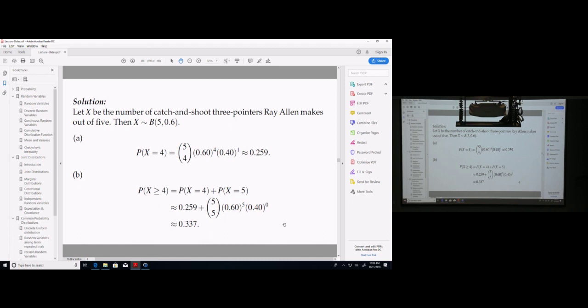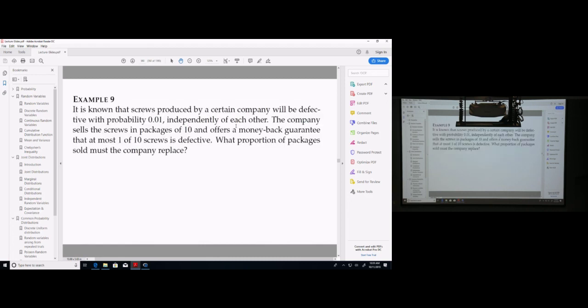Because the idea is that if he shoots a few times and gets it, then he will be more likely to get it again. There are people who believe it, and there are people who actually analyze the sports data, and they sort of refute the hot hand theory. But anyway, here we assume independence, all right?